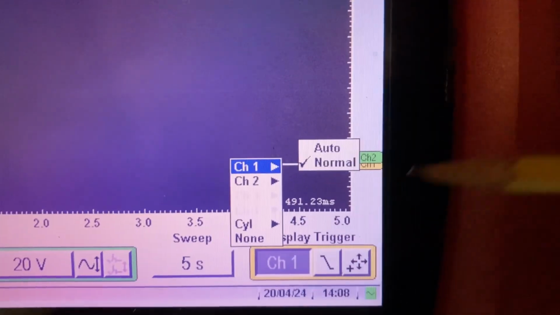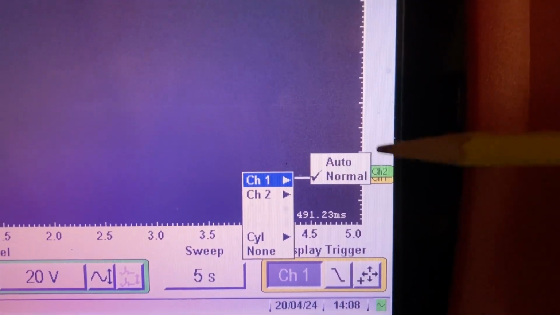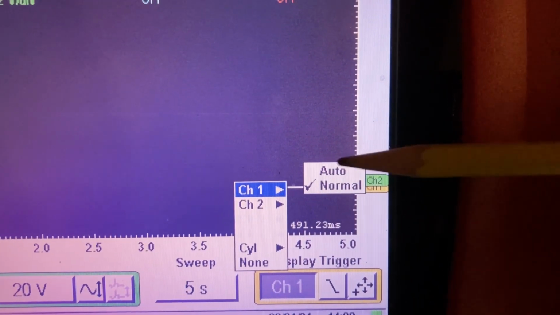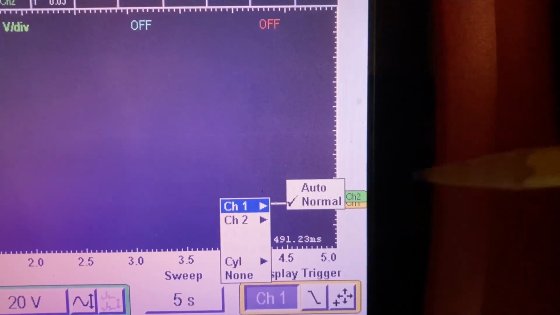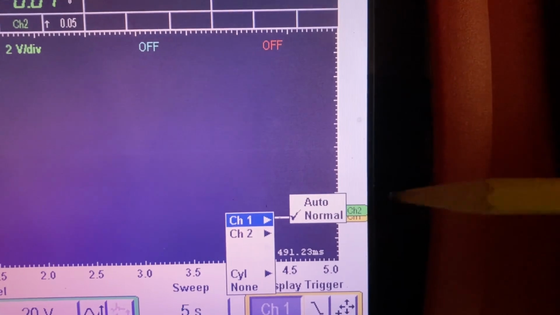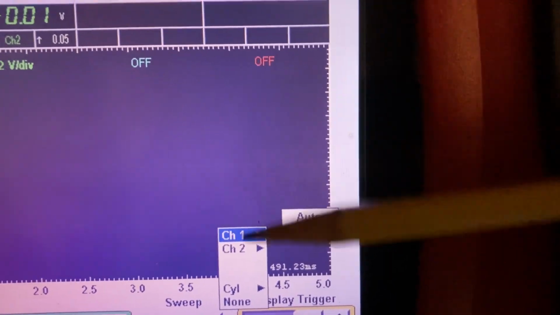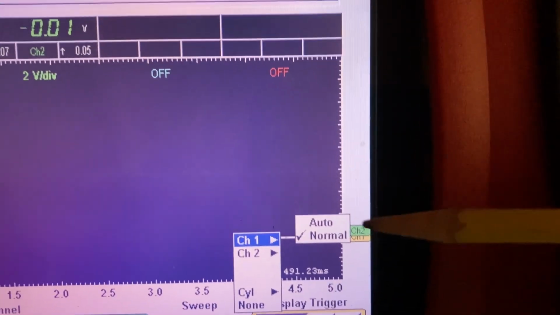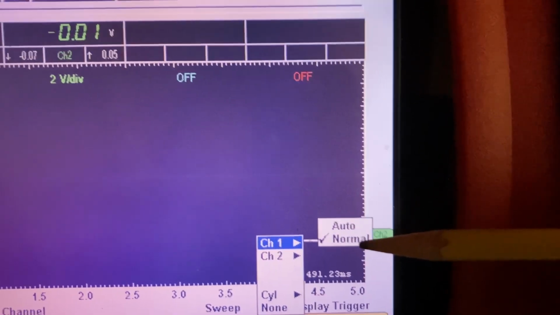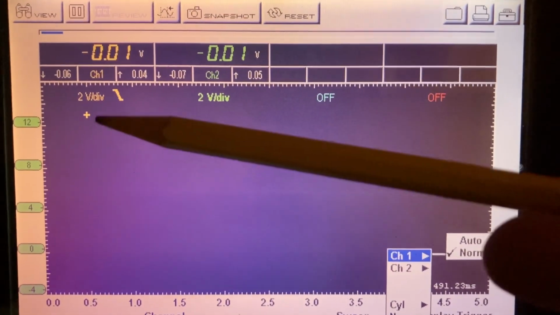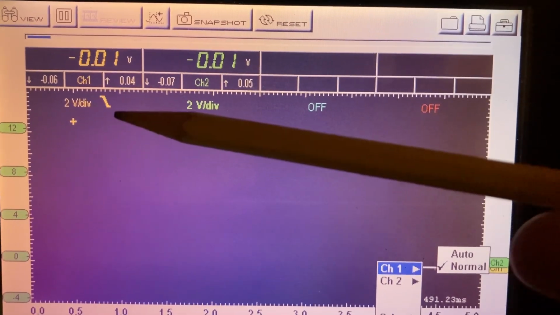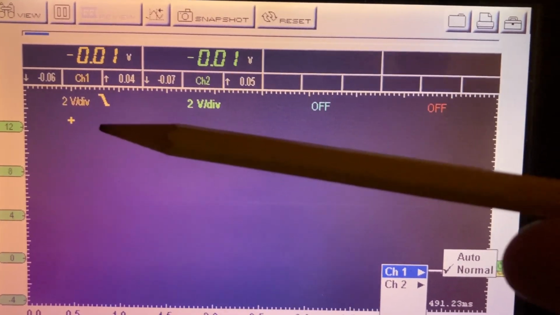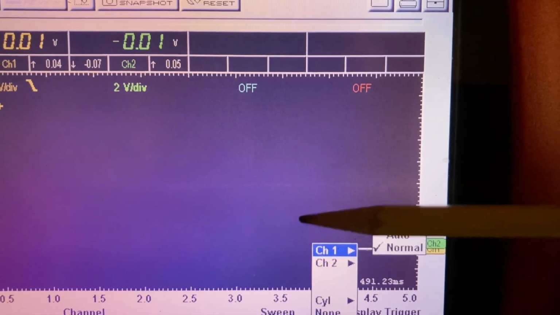Let me make a correction or clarification here, guys, with respect to the trigger modes, right? The auto, normal, and as I said, some other scopes will have single. Now, the auto is pretty clear. It just triggers all the time, no matter what. The normal will wait for an occurrence where you cross the trigger in the direction of the slope that you've selected, and it will hold that image.